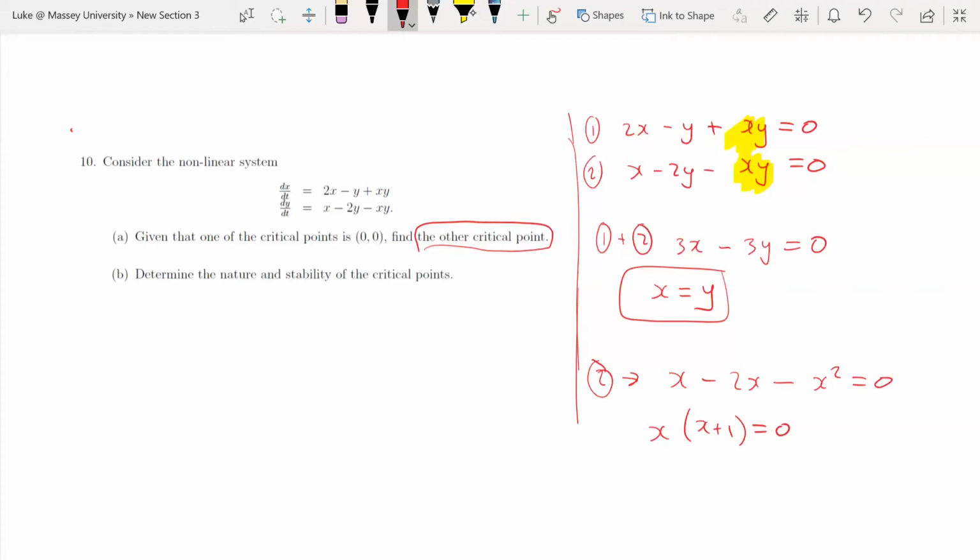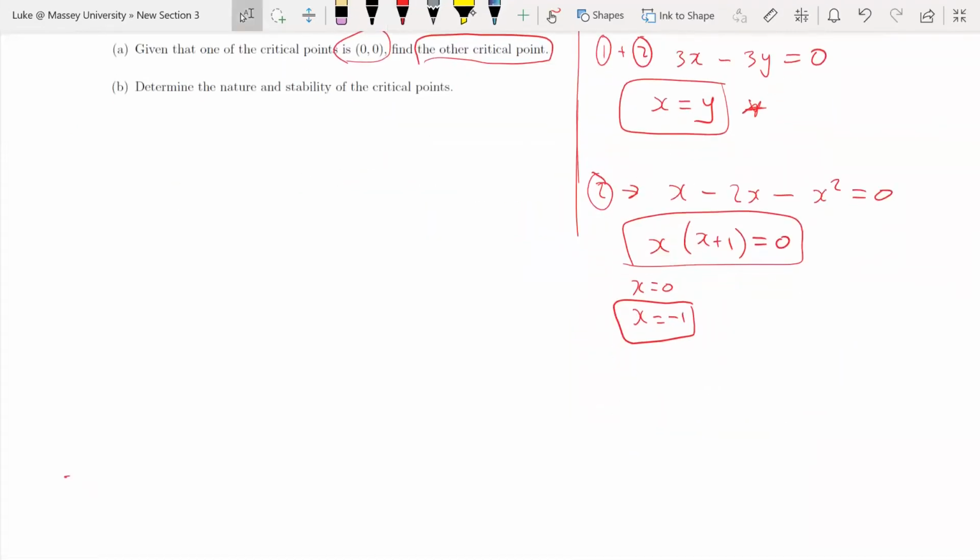So there are two solutions to this equation, of course. x equals 0, which would imply that y equals 0, but we already have that critical point, so let's not worry about this. And x equals -1. So this is the one we're going to worry about. So x equals -1 implies that y equals -1 as well. So -1, -1 is a critical point.